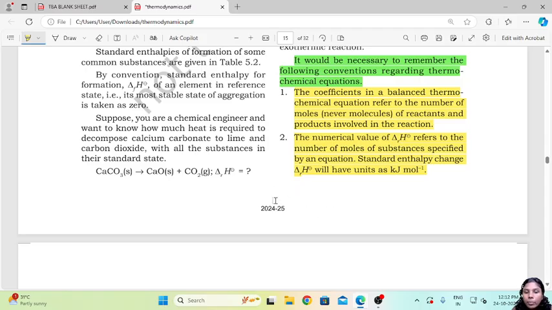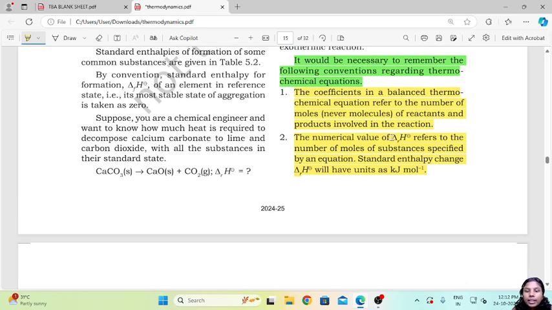Now those numbers do not tell us how many molecules. If I have H2O and I write 2H2O, this does not mean that there are 2 molecules of H2O in thermochemical equations. Here it signifies the number of moles. So it is 2 moles of H2O that are present, and not 2 molecules of water. That is a wrong convention.